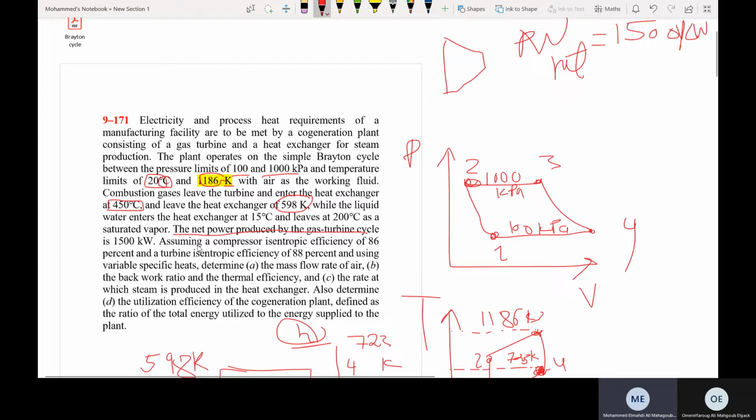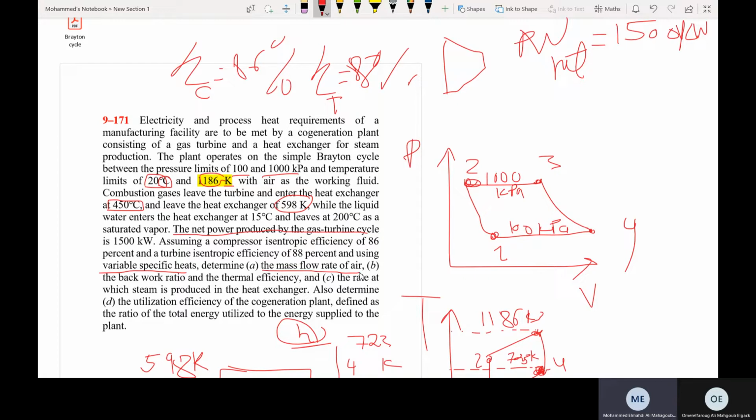And assuming that the compressor is not isentropic, it has an isentropic efficiency of 86%, and the turbine isentropic efficiency of 88%. And we need to use variable specific heats, so it's not the cold air assumption. Determine the mass flow rate of air.